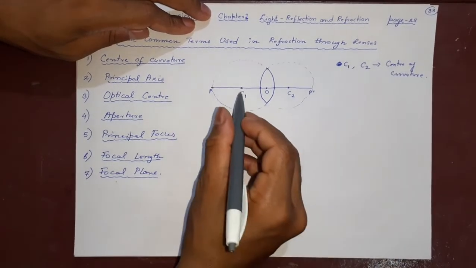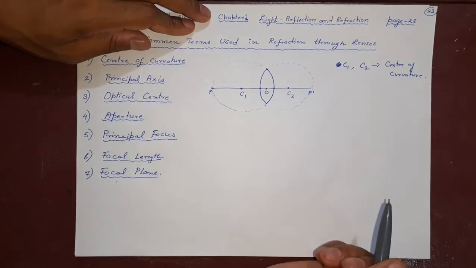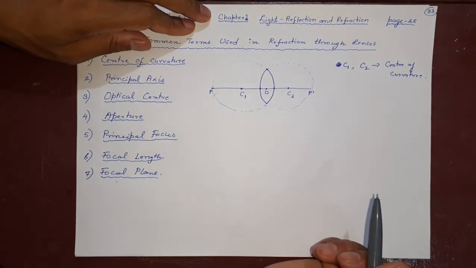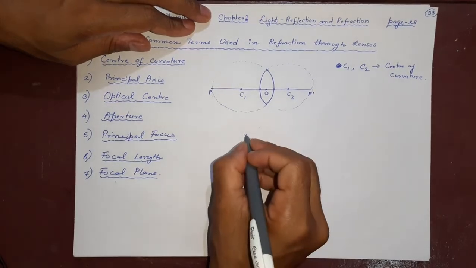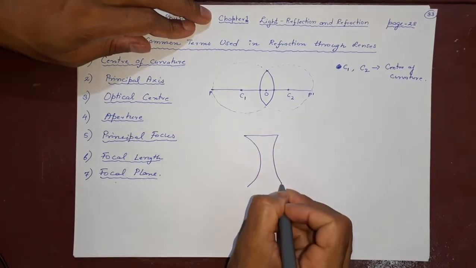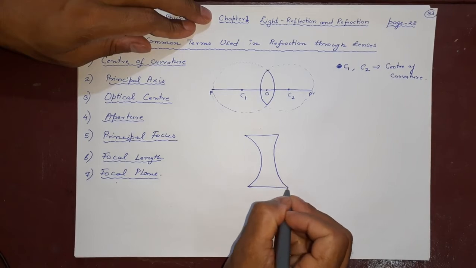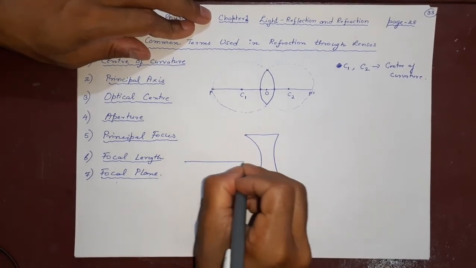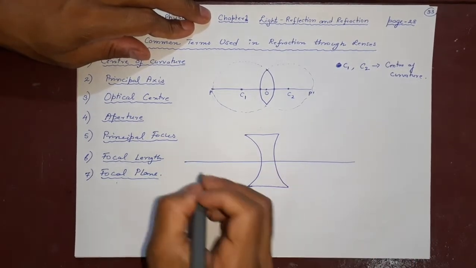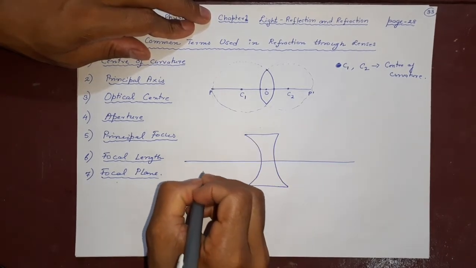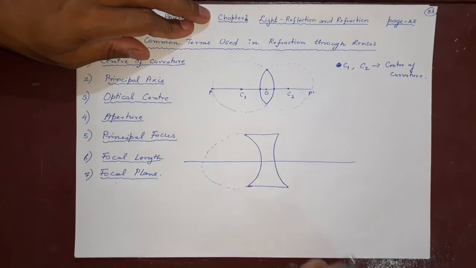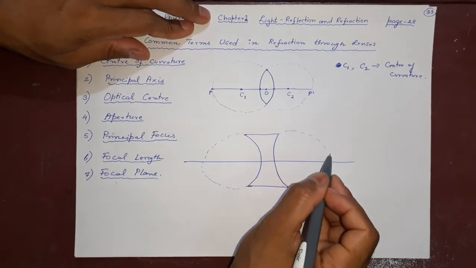In the diagram, C1 is the center of curvature, C2 is the center of curvature. In the case of your convex lens also it is possible. This is your convex lens, right? This is that line, the principal axis. It is a part of a circle, right? This side also is a part of a circle.